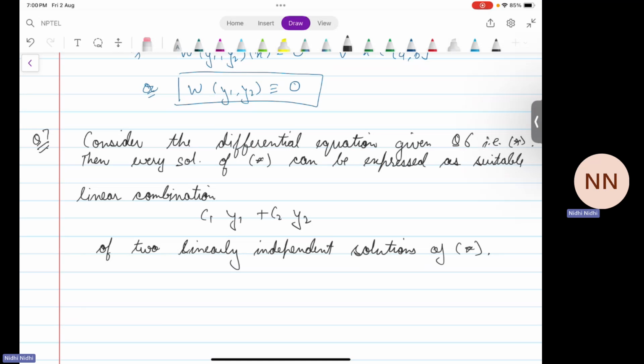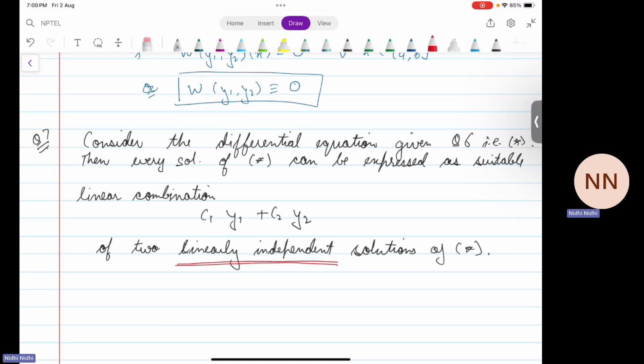be written as a linear combination. Linear combination means some constant times y1 plus some constant times y2, a linear combination of y1 and y2, where y1 and y2 are two linearly independent solutions. Now, what do we mean by linearly independent solutions? Earlier, we have seen linearly dependent. Functions that are not linearly dependent are linearly independent.